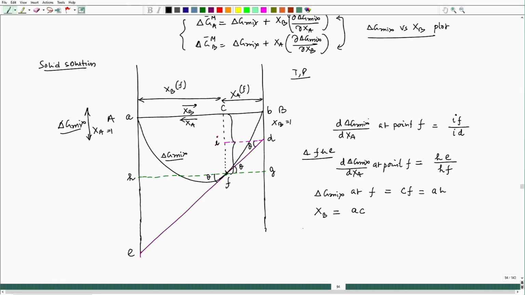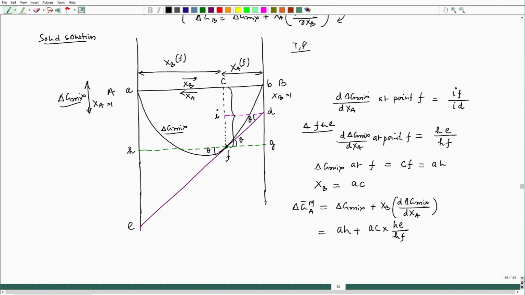Then delta G bar M A would be equal to delta G mix plus xB times the slope. I can write that. So this is nothing but AH plus xB, equal to AC, into HE divided by HF, and this AC is also equal to HF.